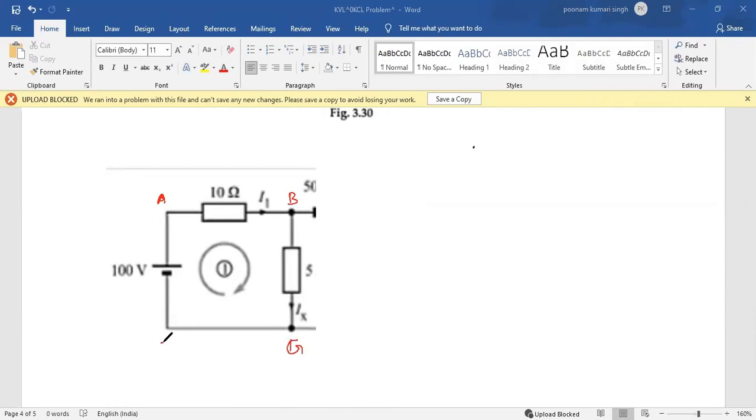So here we are applying KVL in loop A, B, G, H, A. This is my closed loop, and the direction of current is assumed to be clockwise.